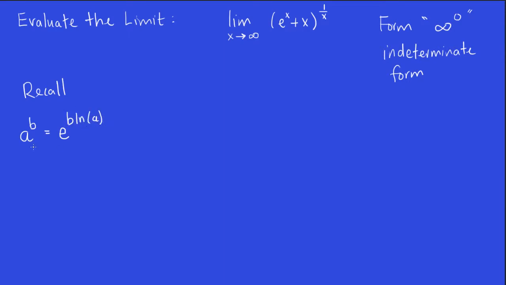We've talked about that before. That's a really useful trick to change something like this into a form where L'Hopital's rule can be applied, right? So let's try that. Let's see what happens.